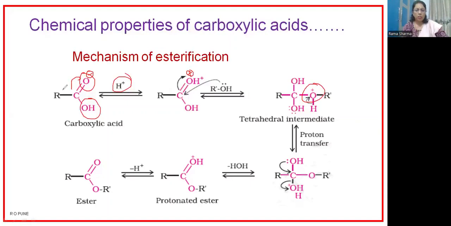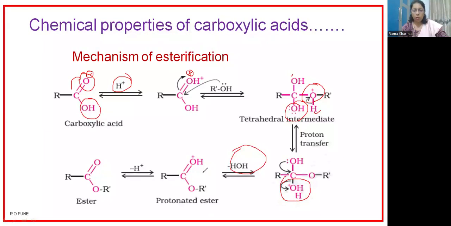We get the ester at the end of this process by removing H2O from here. You can see here that H2O is formed. Any of the oxygens could be used, either this or this, but this one is not used because we have the positive charge on it. So this will attract this hydrogen over here, and one water molecule is removed.